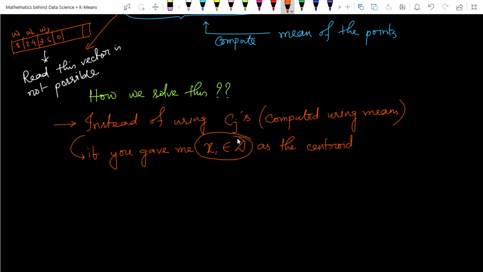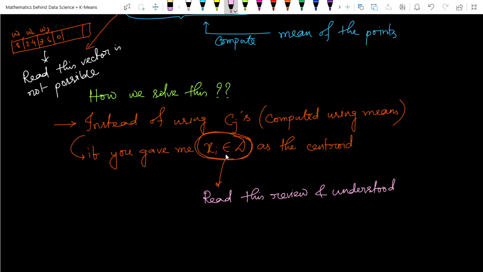since the centroid lies on our data set, we can easily read this text. Since these are in our data set, we can easily read the review text and understand what this review is talking about. We can simply read this text, this review, and understand what this vector is talking about.